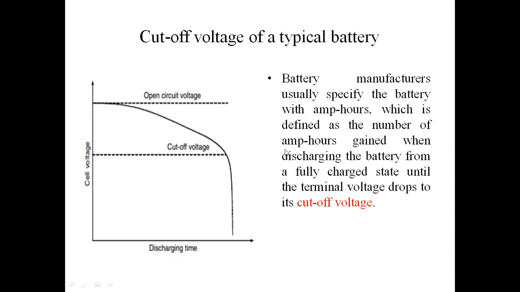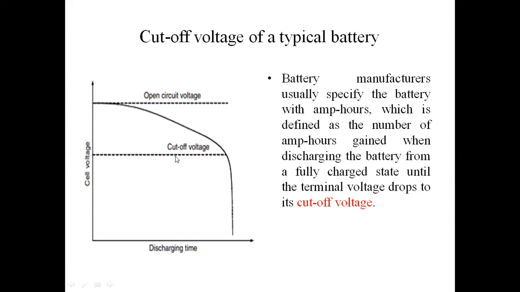The cutoff voltage definition: normally battery manufacturers specify the battery with ampere hours. Ampere hours is defined as the number of ampere hours gained when discharging the battery from fully charged state until the terminal voltage drops to the cutoff voltage.